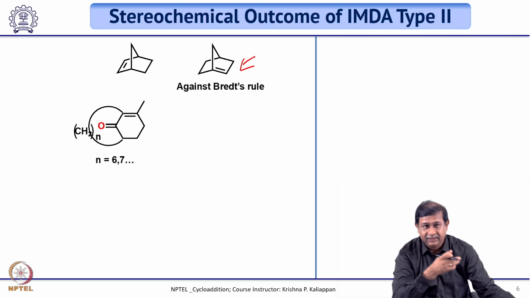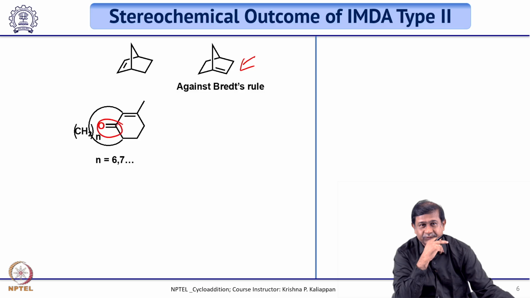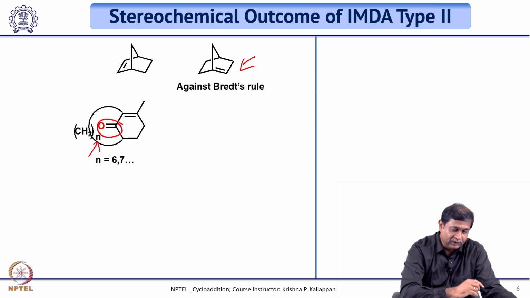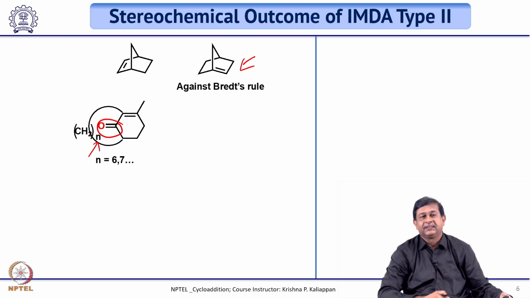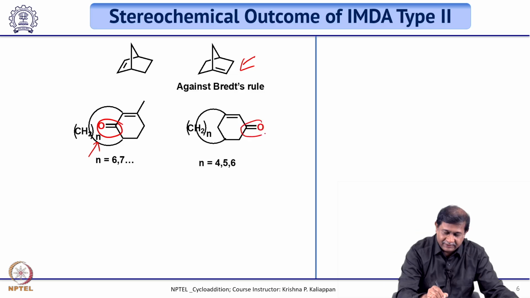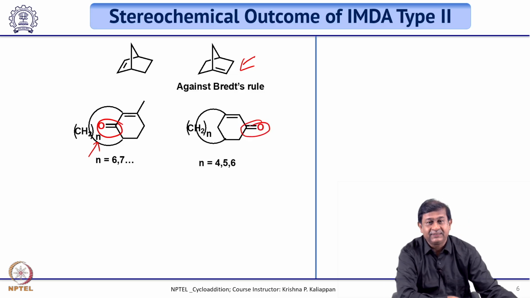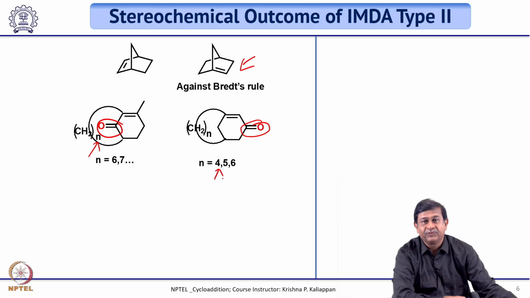For example, if you have a carbonyl group as part of the second ring, then this N should be 6 or 7. Minimum it should be 6. However, if the carbonyl group is part of the 6-membered ring, as you can see here, then N could be minimum 4.